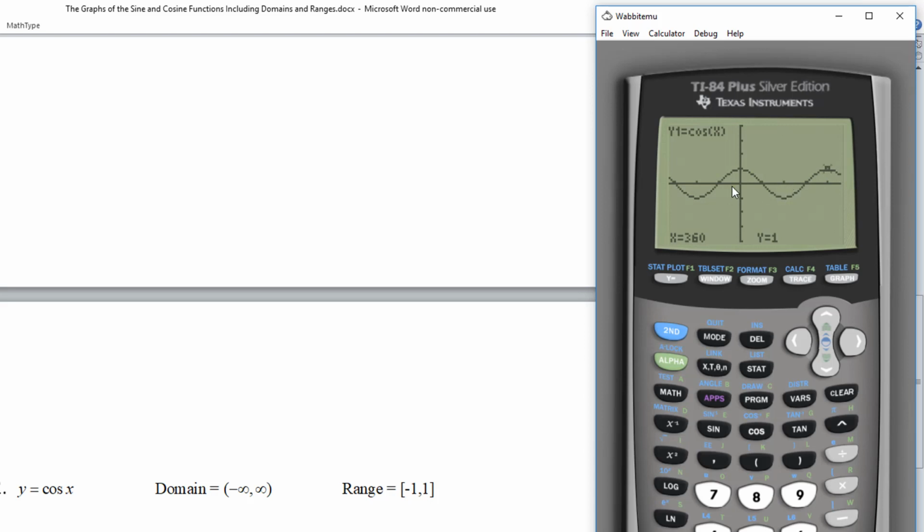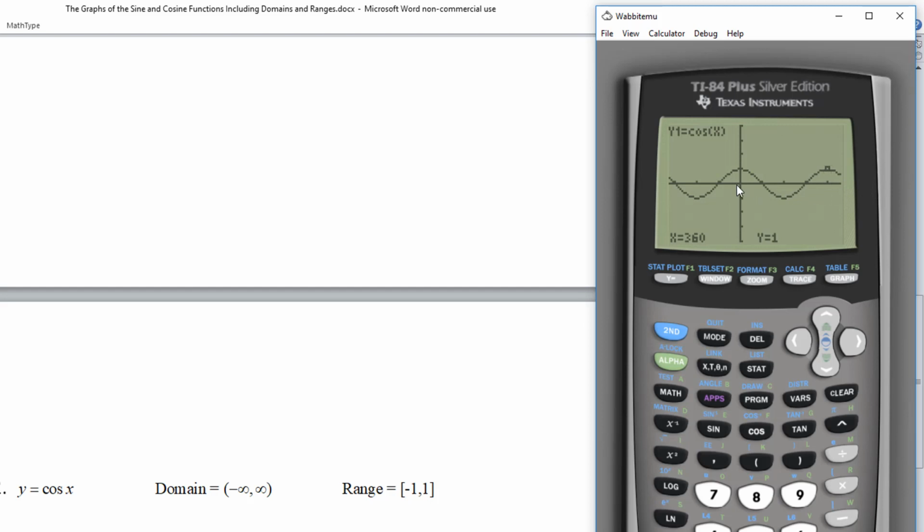Okay. Now the other thing we can look at is the intercepts. At pi over 2, the graph crosses the x-axis. At 3 pi over 2, it crosses the x-axis. At 5 pi over 2, it crosses the x-axis.